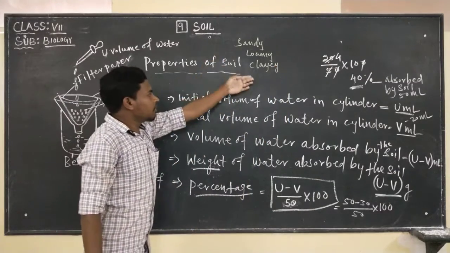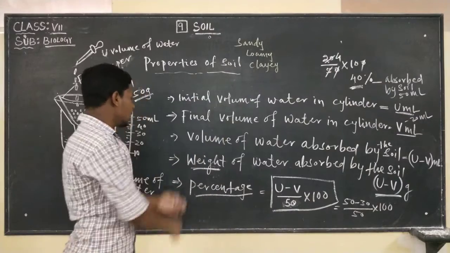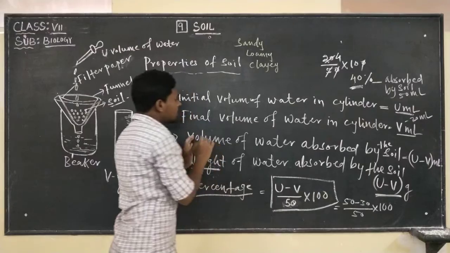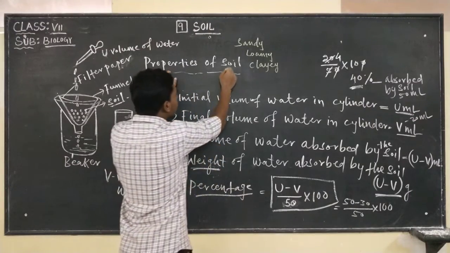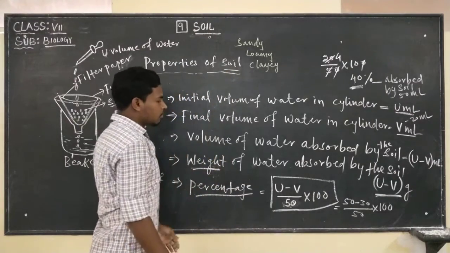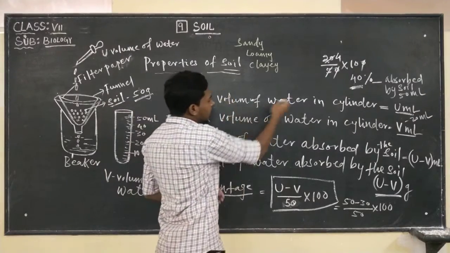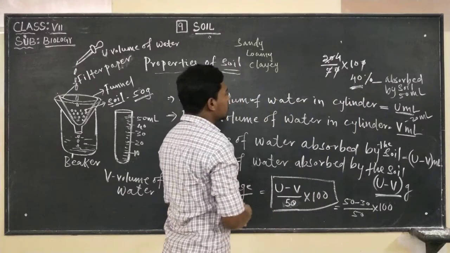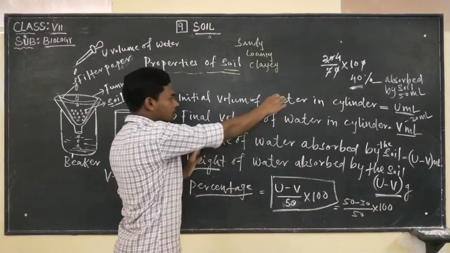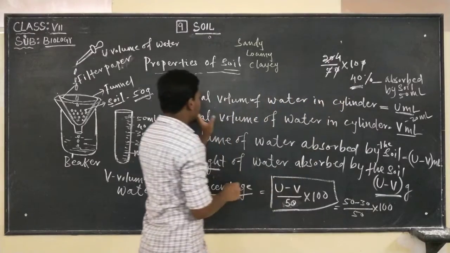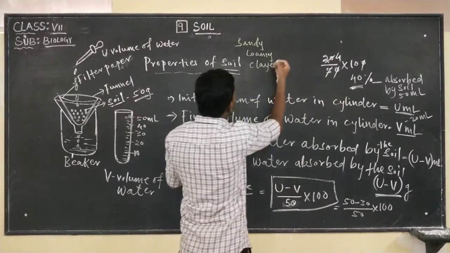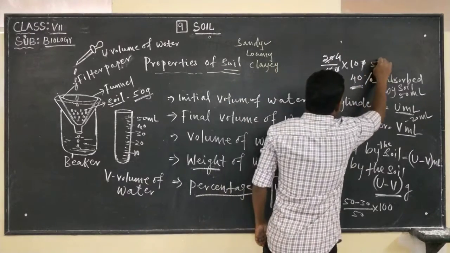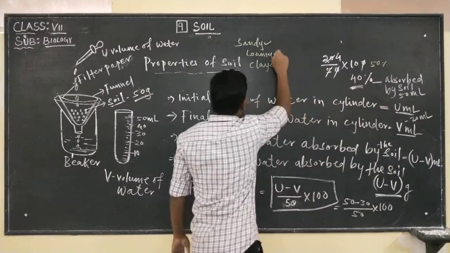You take different soils from these and repeat this experiment at your home. Which soil will absorb more water? For example, say 40 ml of water is absorbed by sandy soil. Next, there will be an increased amount, 50 ml, in loamy soil.